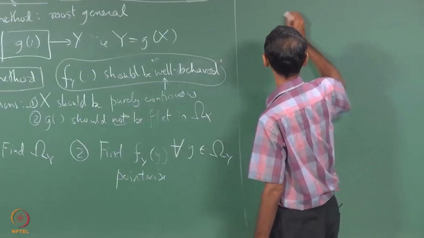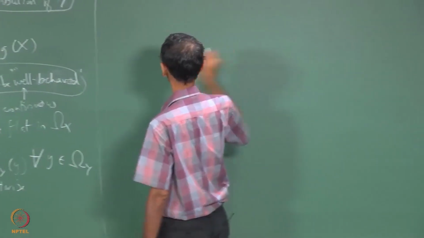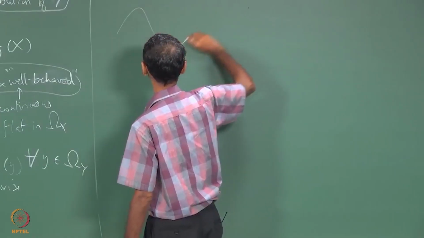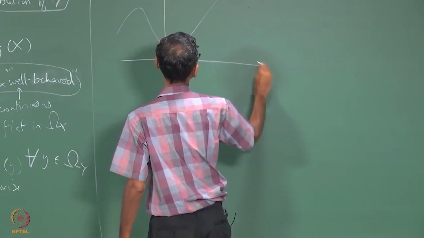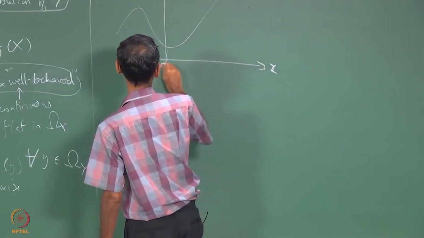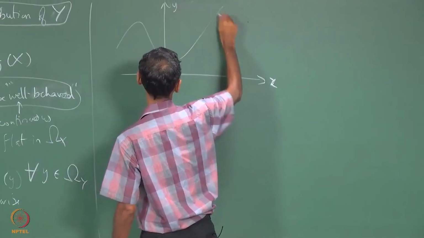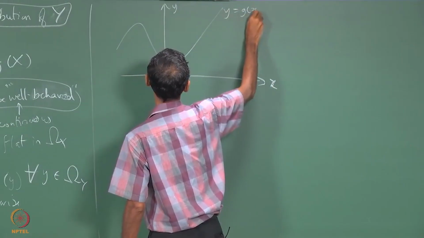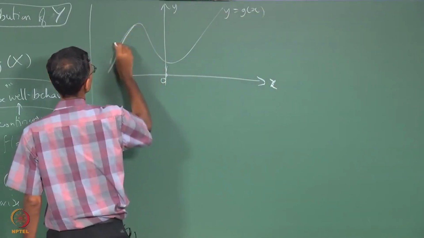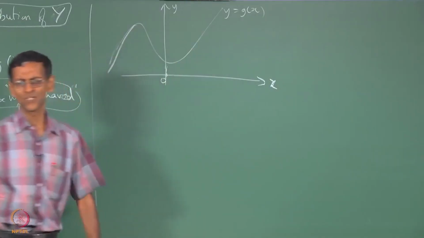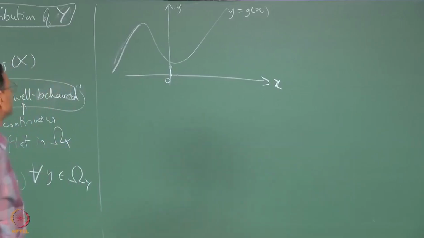Okay. So, what we are going to do is take the general case, in the sense I am just going to take some arbitrary G. So, let me say that this is the origin, this axis is y, and this is y equal to g of x, a function g which is not necessarily monotonically increasing or decreasing, but can go up and down.